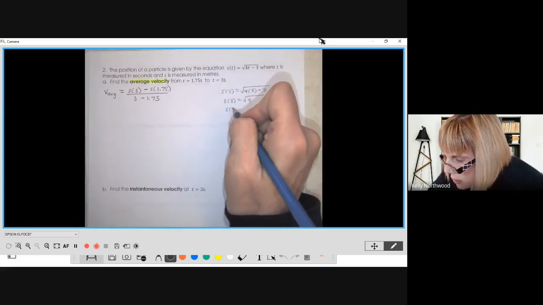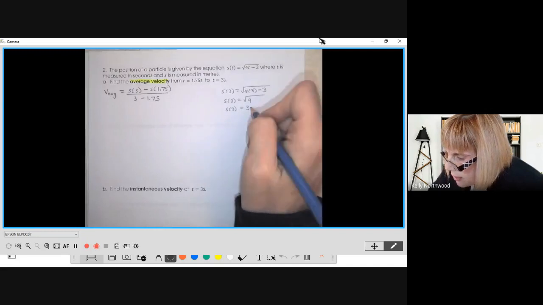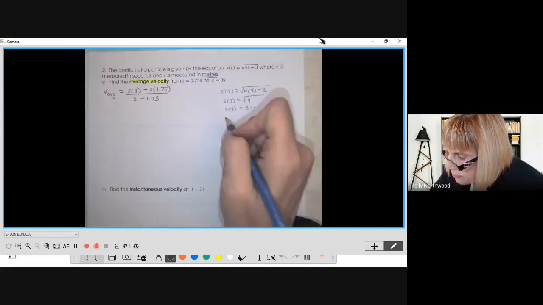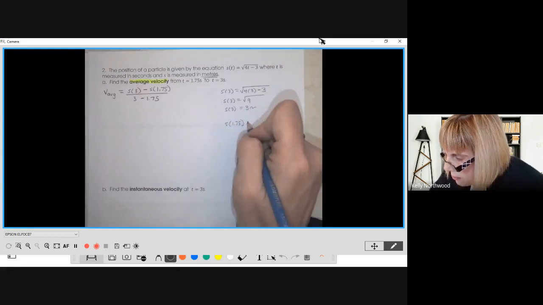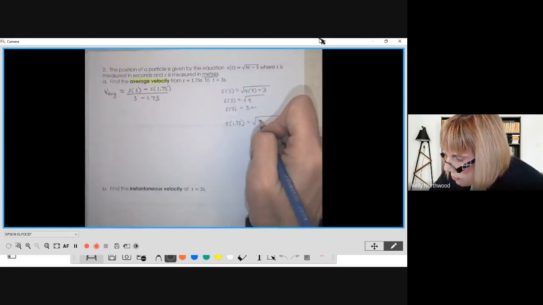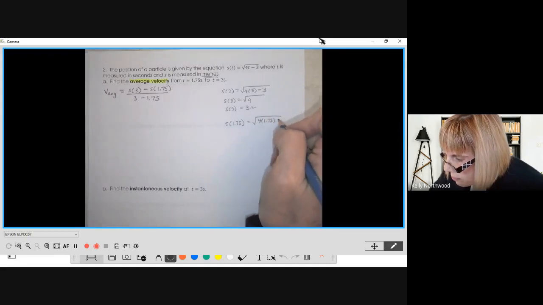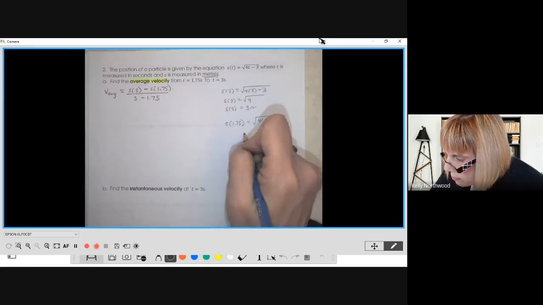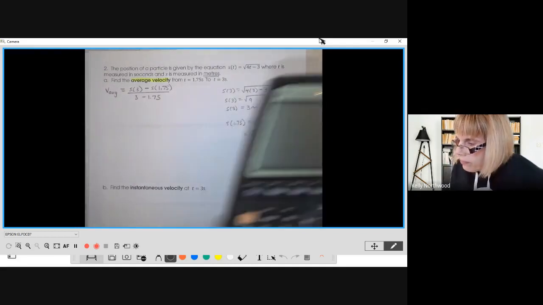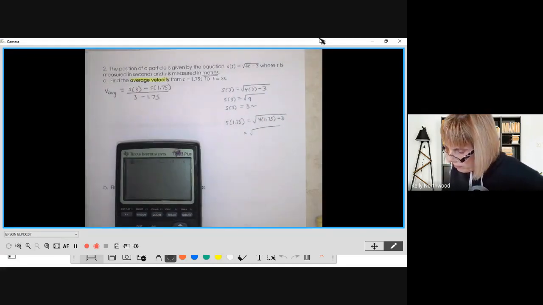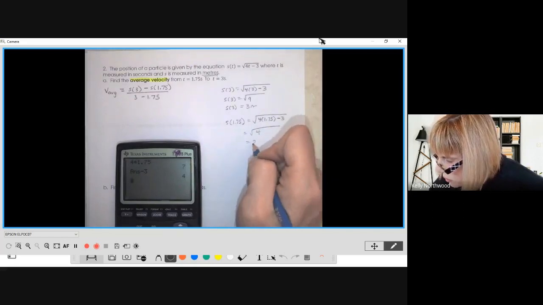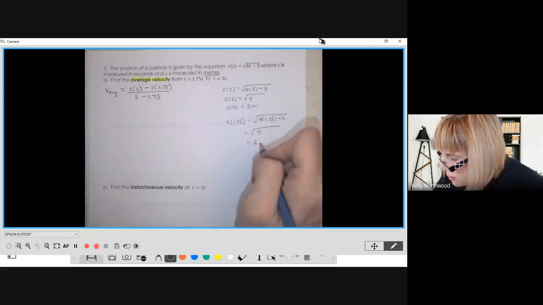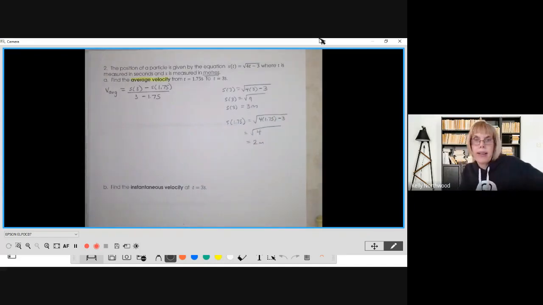And it turns out to be 3, which is nice, and that's measured in meters. S at 1.75 turns out to be 4, which also has a nice square root, so it makes our calculation easy.